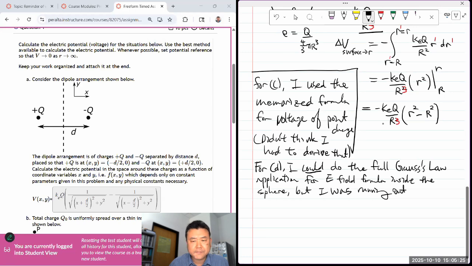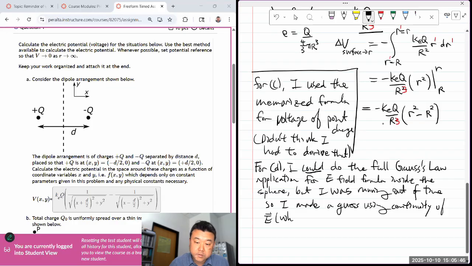I probably could have typed this out, but instead I made a guess using continuity of E when there's no surface charge.